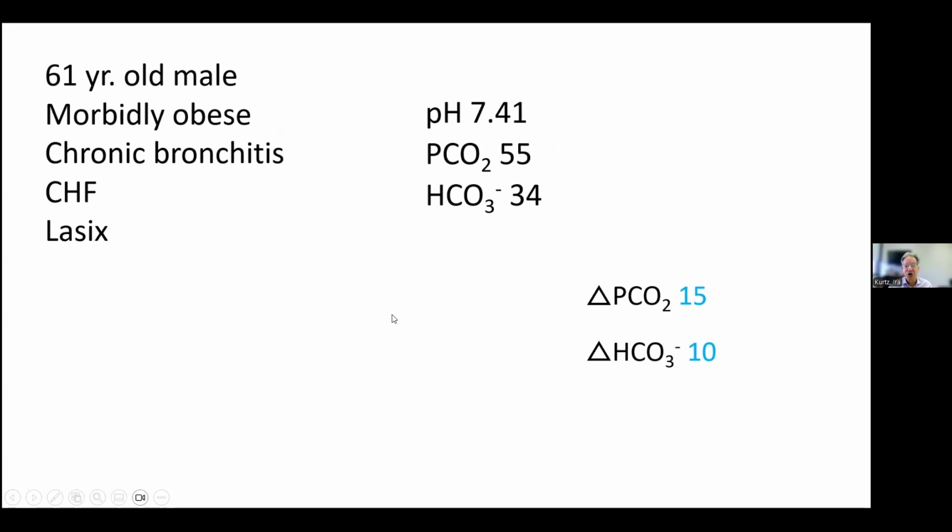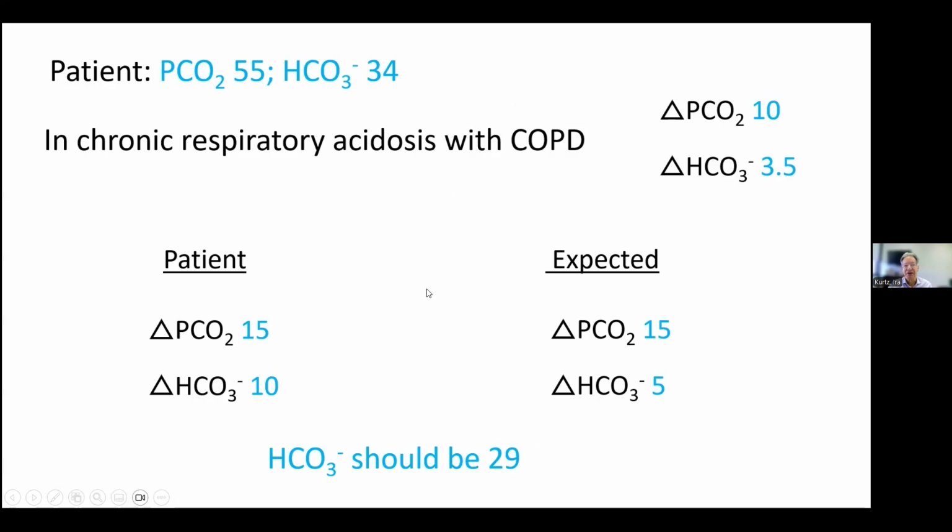So we go back to our patient, and there is a reason that it's elevated more than what we predict just from the chronic respiratory acidosis. The patient's on Lasix, which we know is going to cause a metabolic alkalosis. So when we look at these numbers, we have a PCO2 that's driving the bicarbonate up chronically. Both metabolic alkalosis and chronic respiratory acidosis will elevate the bicarbonate.